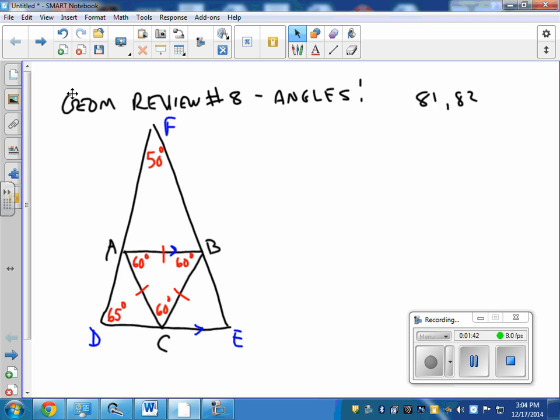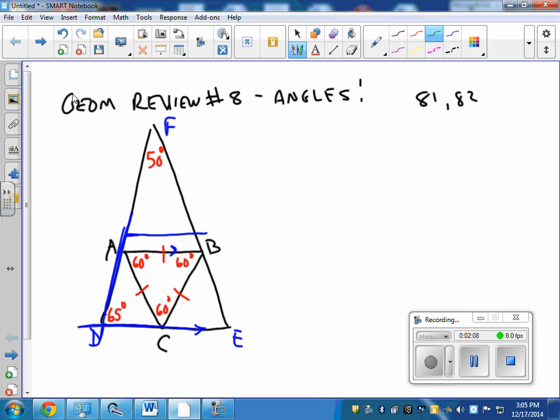Okay, so let's see how we might go about this. We do know that when you have parallel lines cut by a transversal, like this and this are parallel, and here's our transversal, corresponding angles have to be the same. Remember what a corresponding angle is. Let me make this in green.